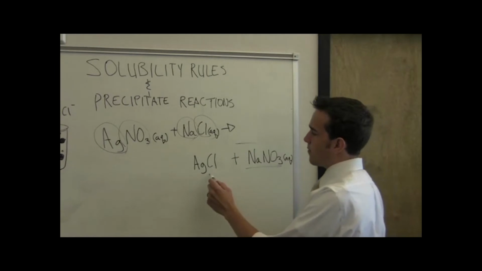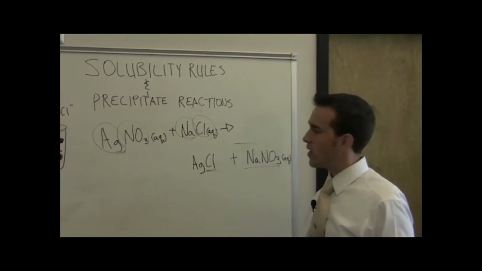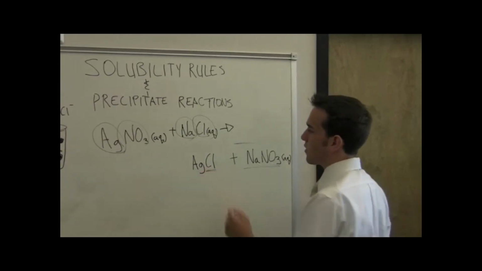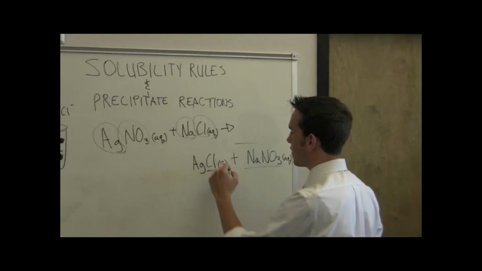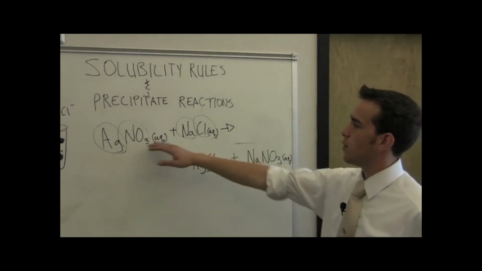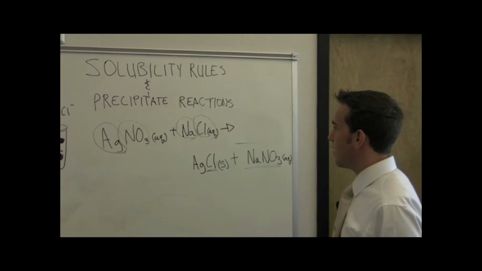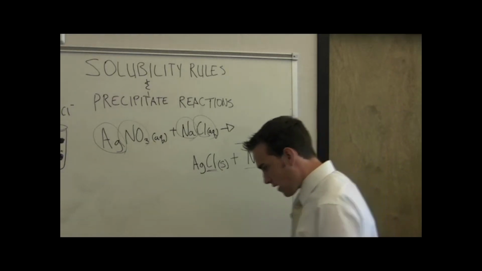Now this compound, chloride, is generally soluble except for when it's with a few compounds, and silver is one of those that makes it insoluble. So this will be a solid. So we will have a precipitate reaction when we mix these two solutions. That's one example. We'll try another one.